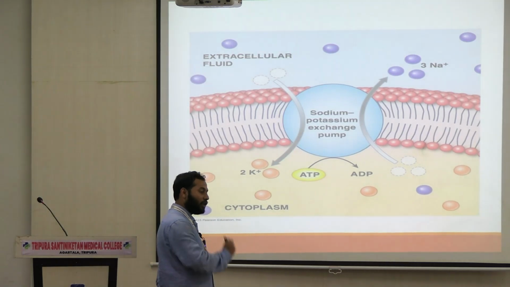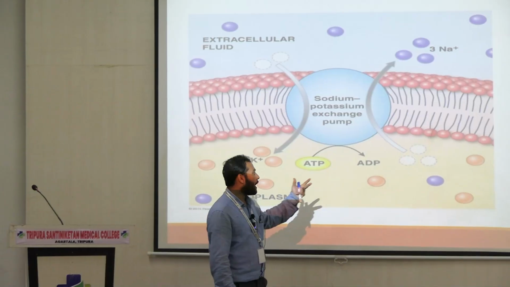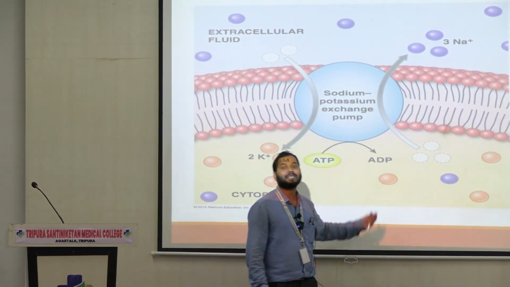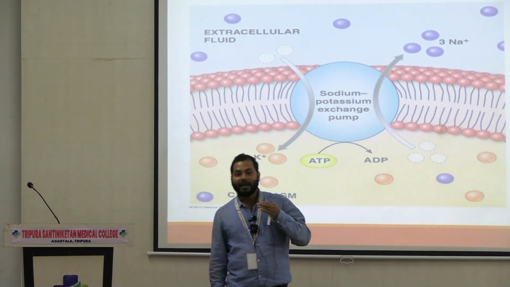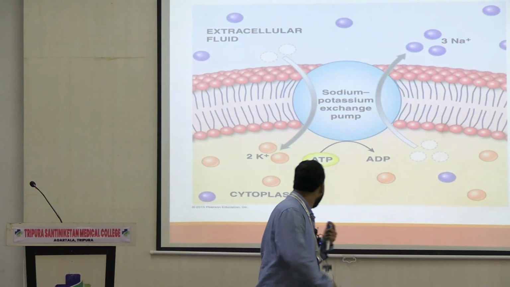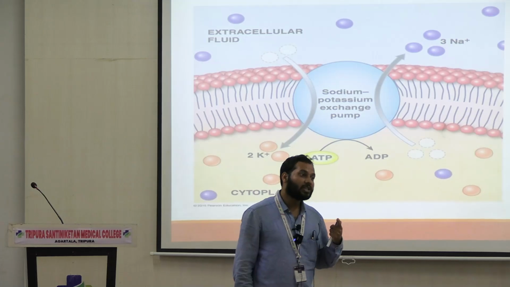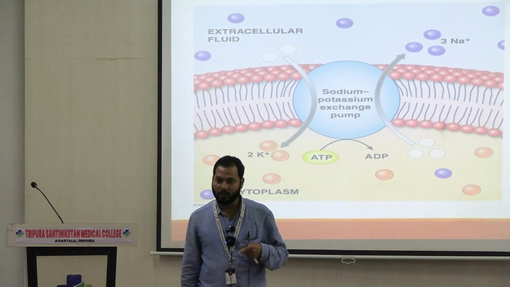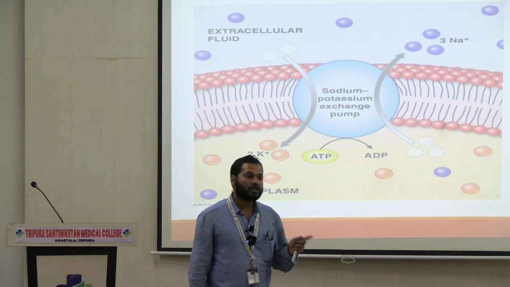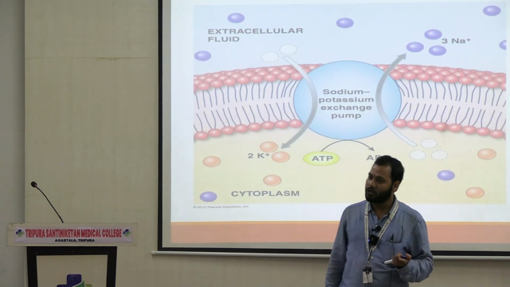So the condition is, during this transport process, the concentration of sodium ion in the cytoplasmic or intracellular phase was less in comparison to outside, still there is a movement of sodium ion from the intracellular phase to the extracellular phase, because the molecular movement occurs against their concentration gradient.